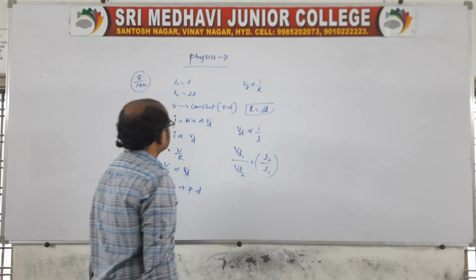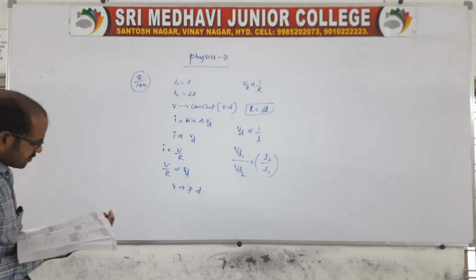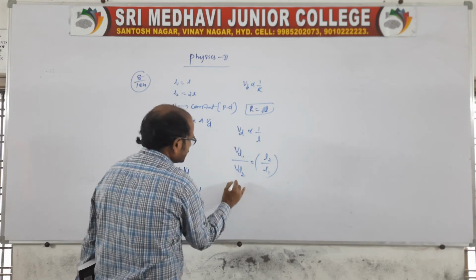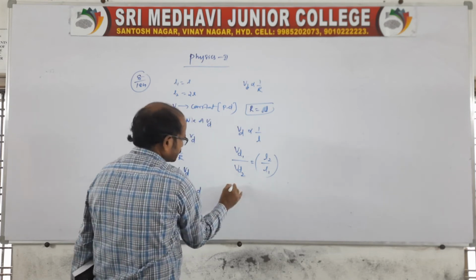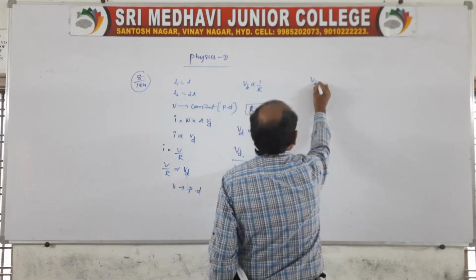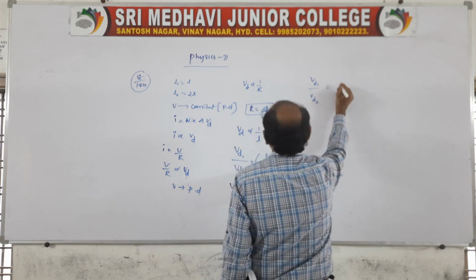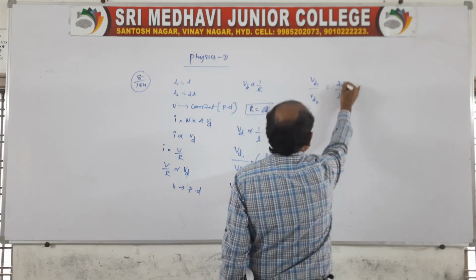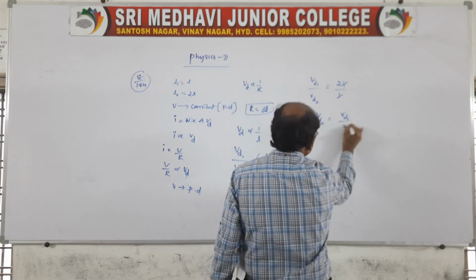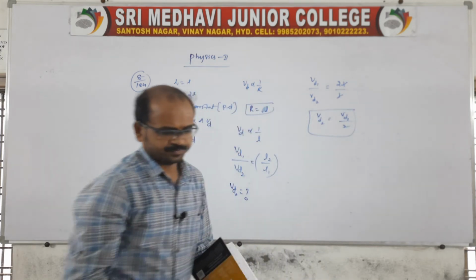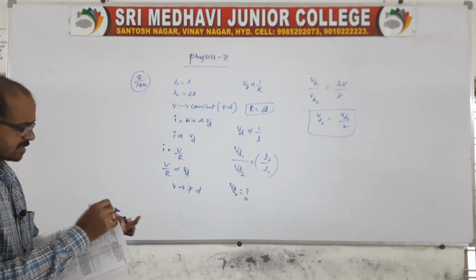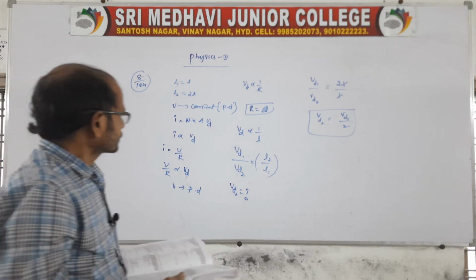The drift speed here is given, L2 is given as 2L, and it is asking Vd2. So Vd1 by Vd2 is equal to 2L by L. L cancels. So Vd2 is equal to Vd1 by 2. This is the question. It is in terms of drift speed as well as the resistivities and the resistance. Clear?